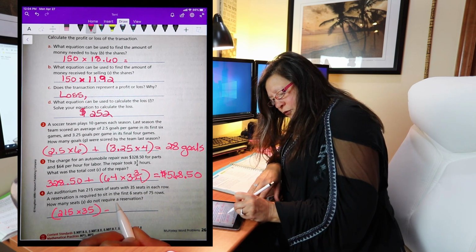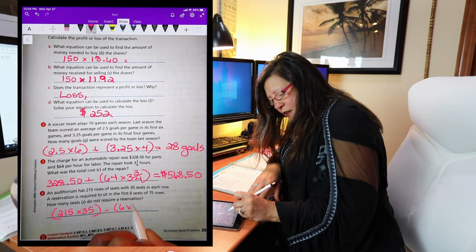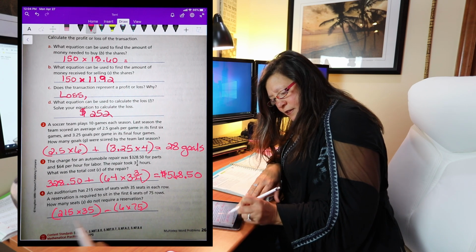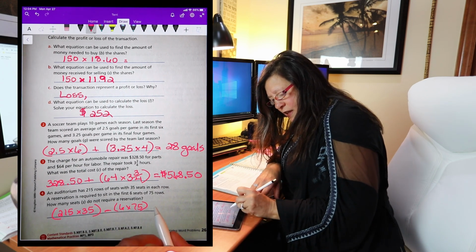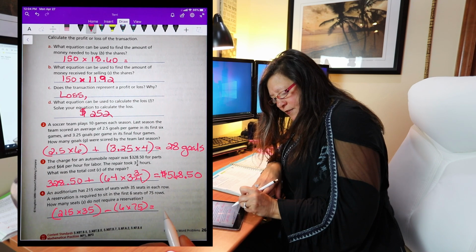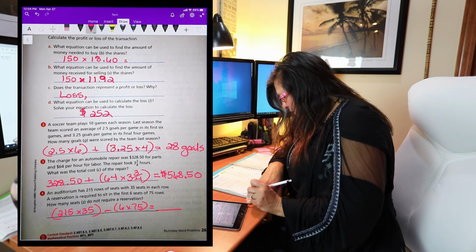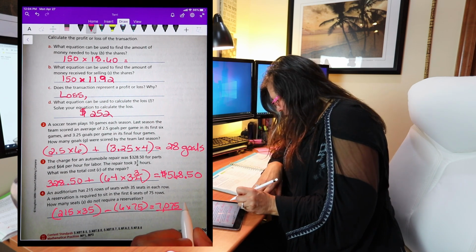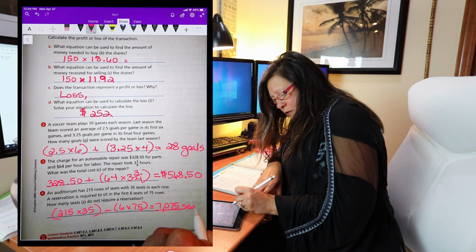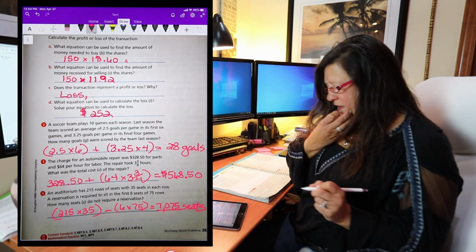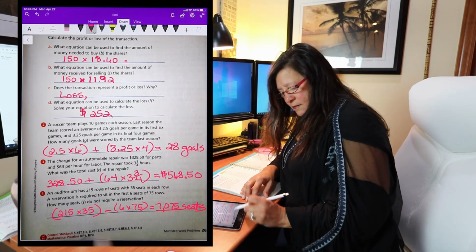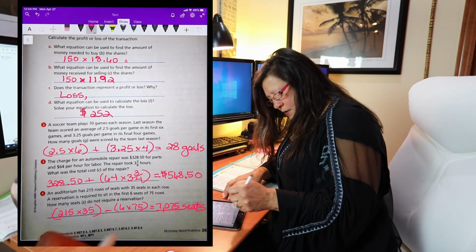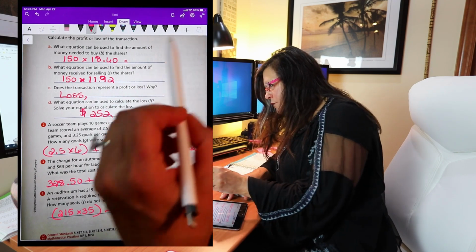Then we're going to subtract the 6 seats of 75 rows that require a reservation. That's going to give us how many do not require a reservation. When you are all finished, you should end up with 7,075 seats.